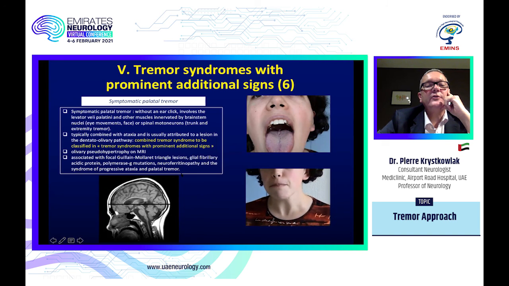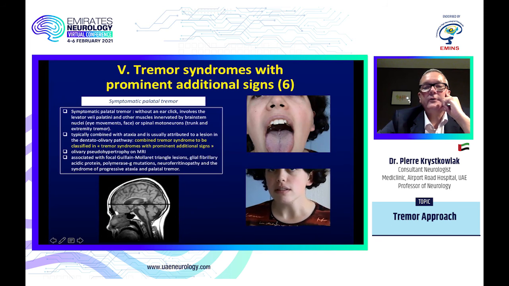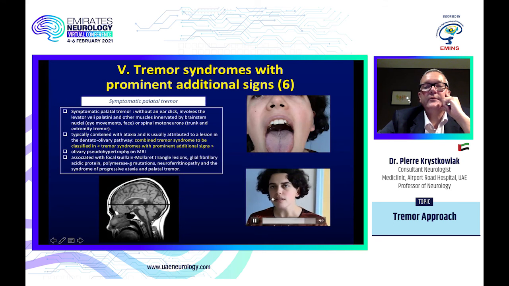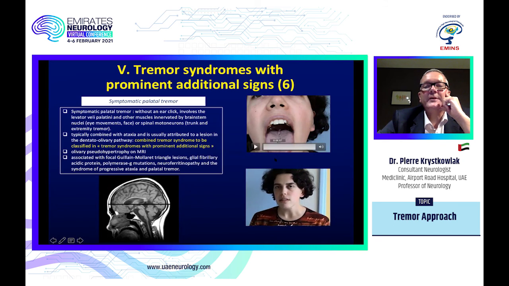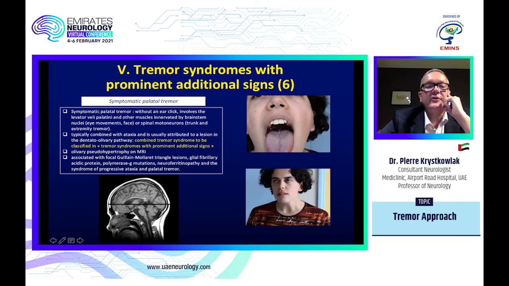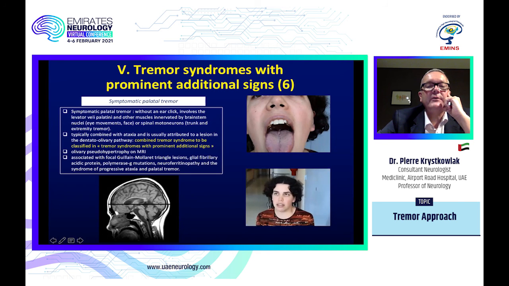And this is associated with a focal lesion in the Guillain-Mollaret triangle. Here you can see the etiology of the symptomatic palatal tremor of this lady, which is Alexander disease, which is easily recognized by this very, very thin spinal cord and medulla oblongata.